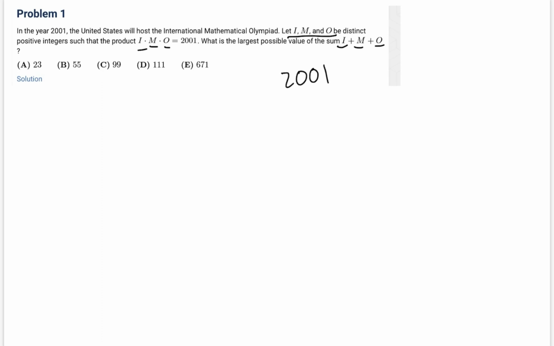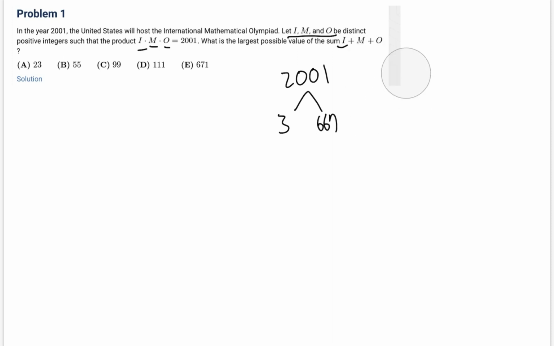For 2001, we can see that 2 plus 1 equals 3, so 2001 is divisible by 3. If we divide by 3, then we get 667.